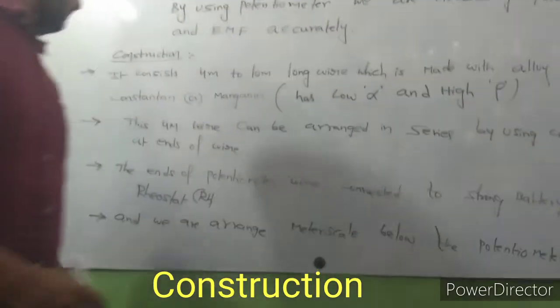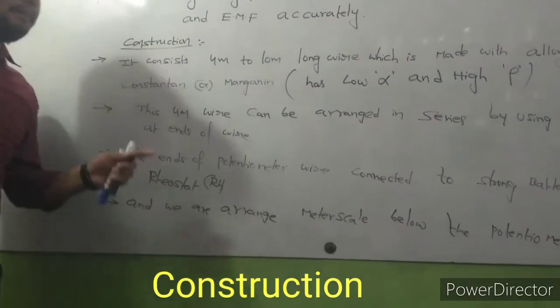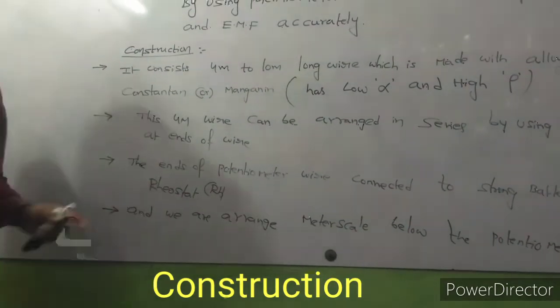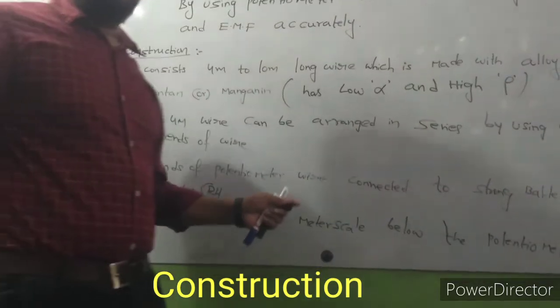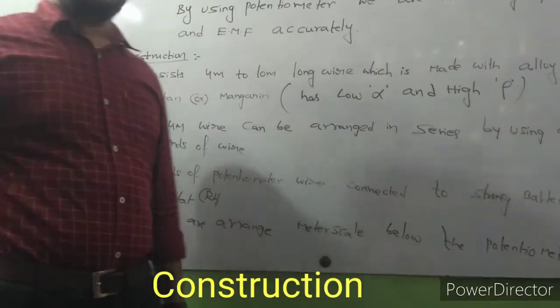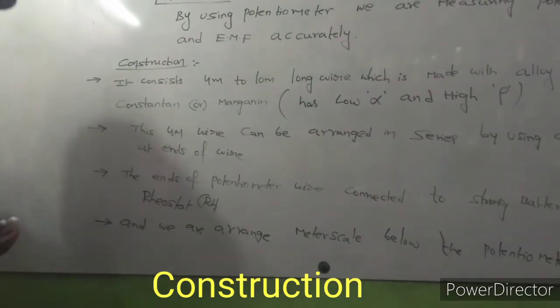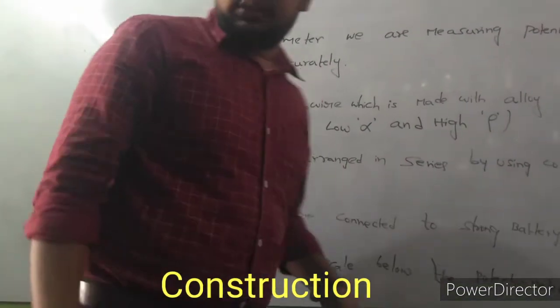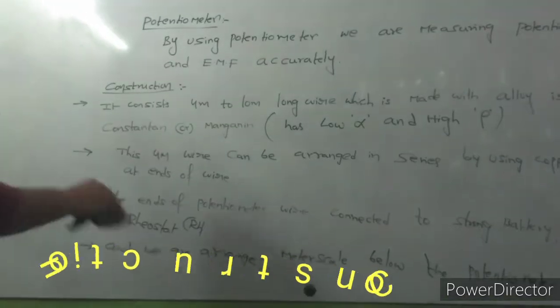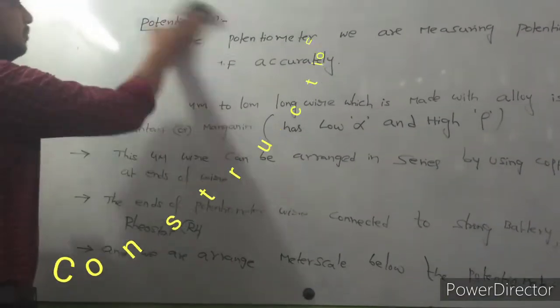So why are we arranging the meter scale? For measuring lengths. Okay, so these are the main 4 points of construction. Next we will discuss a few more details about this construction of potentiometer.